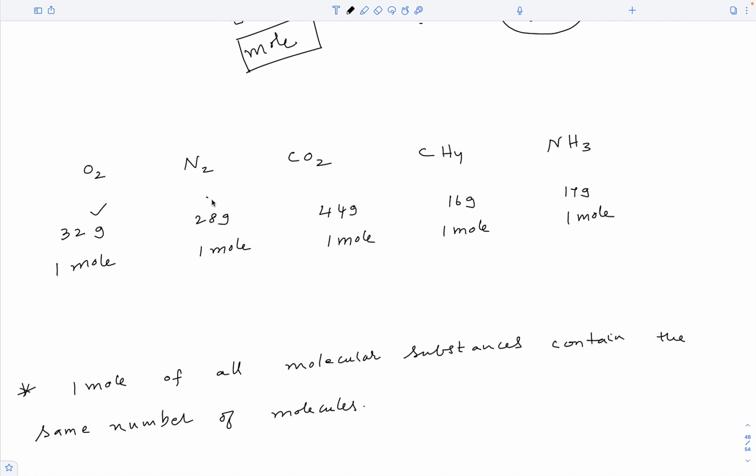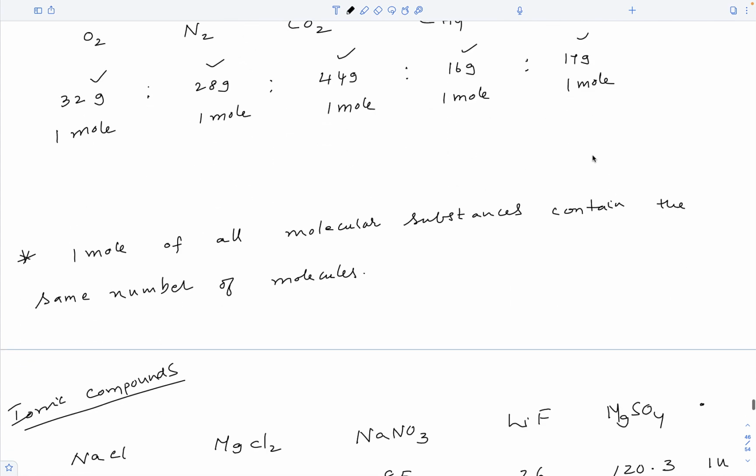Again, these amounts or quantities are in the ratio of their molecular weights, obviously. So these amounts of substances would have the same number of molecules. So we can say 1 mole of all molecular substances contain the same number of molecules.